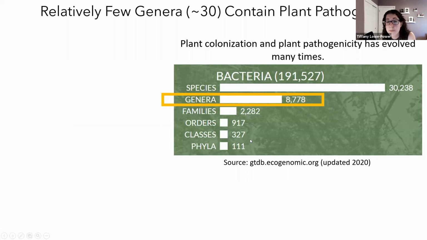Now I'm going to briefly touch on some of the bacteria groups that we're going to talk about in the next lectures. First, I want to highlight that for bacterial diversity, relatively few genera contain plant pathogens. This is the current estimate of how many bacteria genera exist. It's almost 9,000.